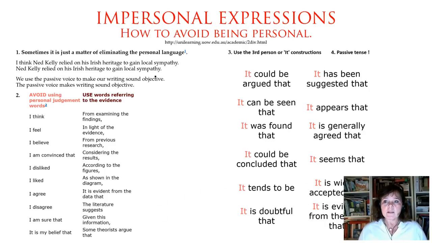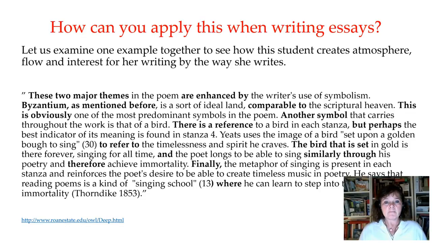So how can you apply this when you write? Well, we can have a look to see how this particular student has created atmosphere and flow and interest for the way she writes. She says, these two major themes in the poem are enhanced by, passive tense, by the writer's use of symbolism.